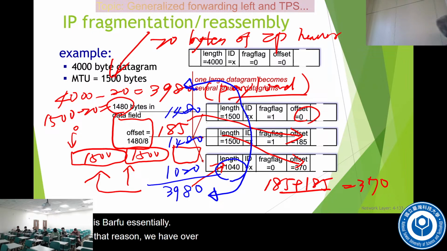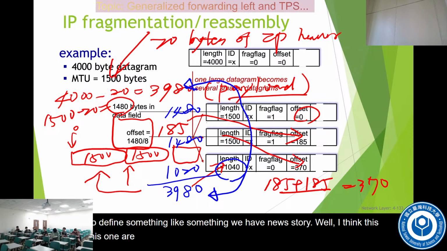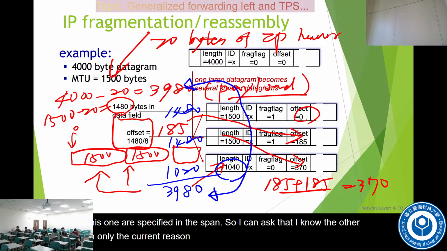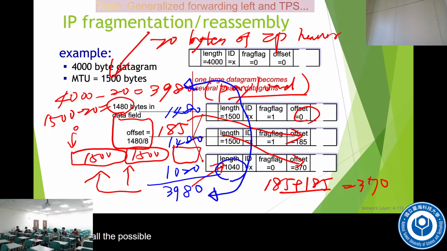But maybe you have a question, why do we define something like that? Well, I think this is specified in the spec, so I cannot give you any other reason, only the current reason. It allows all the possible values to be carried by the smaller datagram.